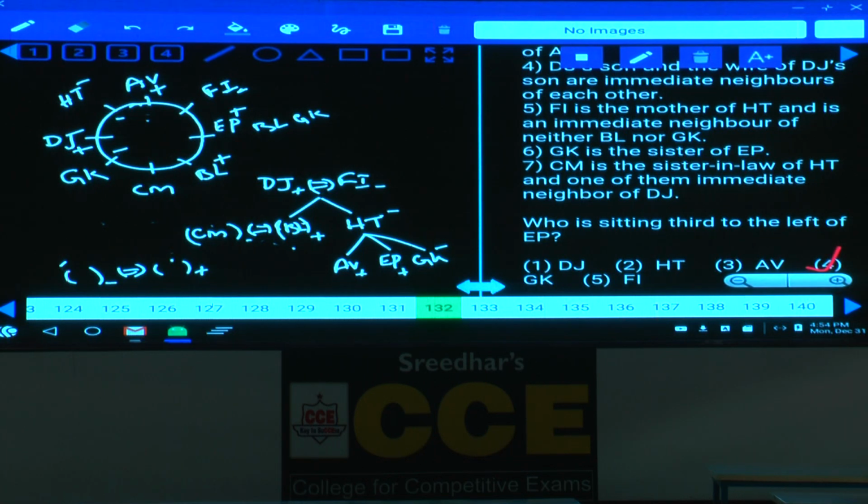Then whose husband is seated to the immediate right of her wife? Now BL is a male, and DJ is male, and CM. Whose husband is seated to the immediate right of her wife?